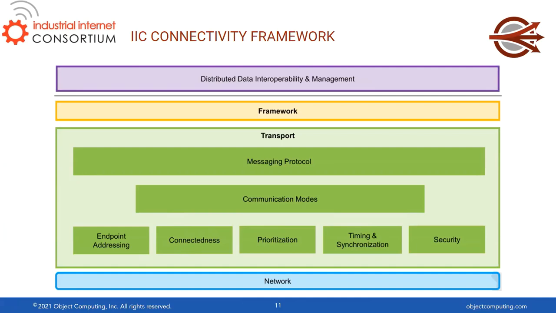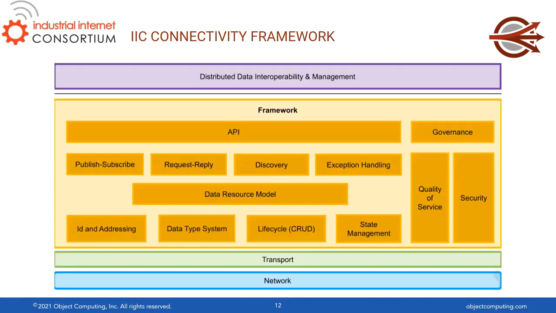But notice that this does not handle some of the higher level concerns, and that's what's in the framework layer. So in the framework layer, we have things like policies over on the right, quality of service and security policies. We also have things along this bottom edge, like the data type system, identity and addressing of the data, a resource model, and paradigms like publish, subscribe, and request and reply, handling discovery.